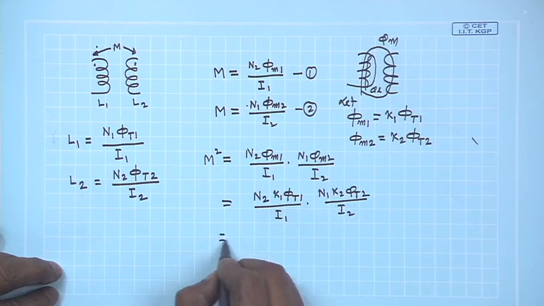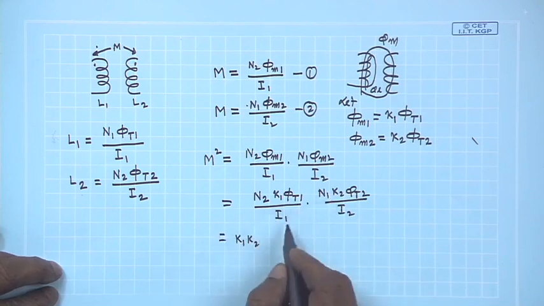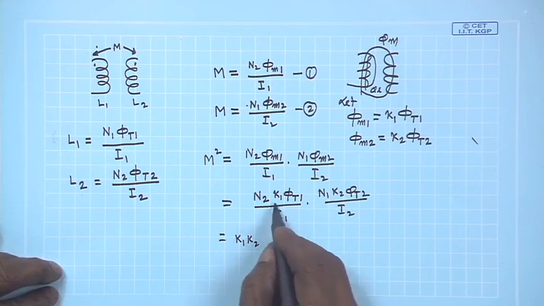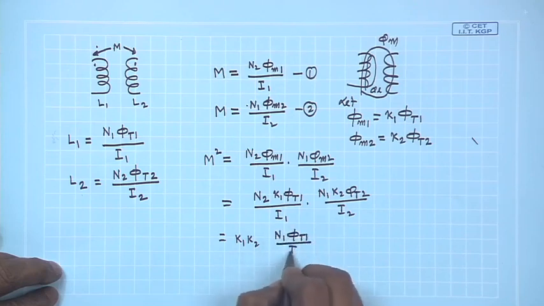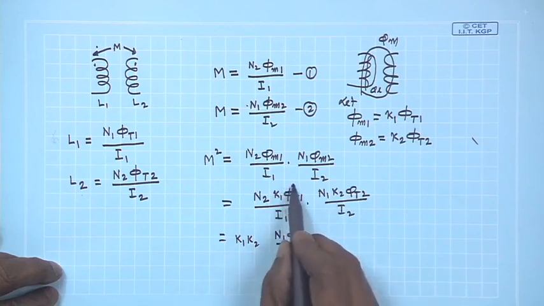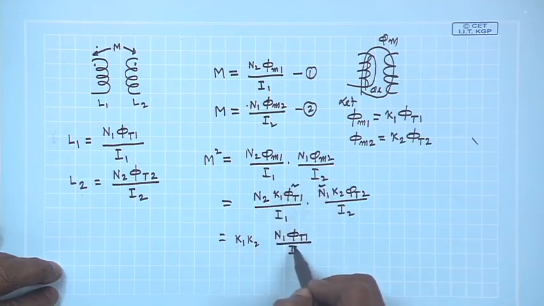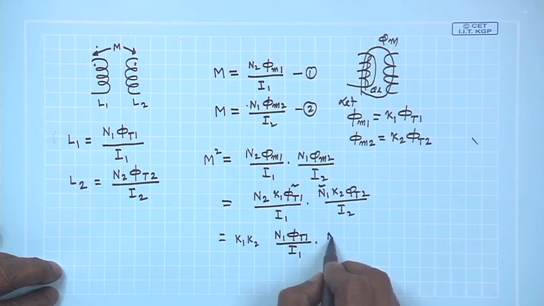Then you write it in this way, K1 K2 you take, and these terms can be arranged such that you take phi T1 N1 together, and then N2 phi T2 by I2.